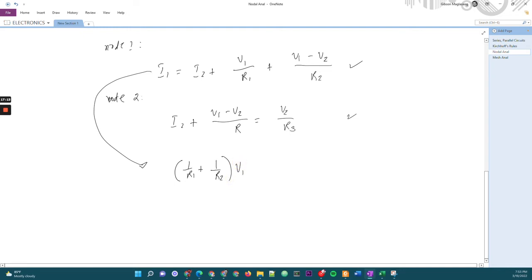Then we have minus 1 over R2 times V2, equals I1 minus I2.